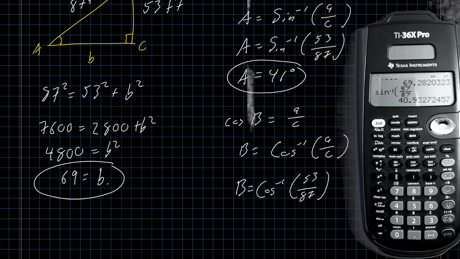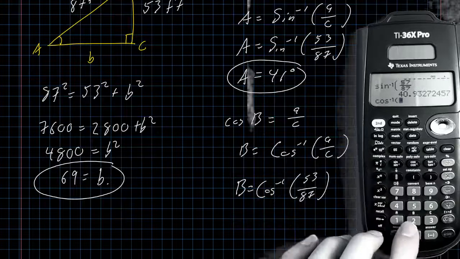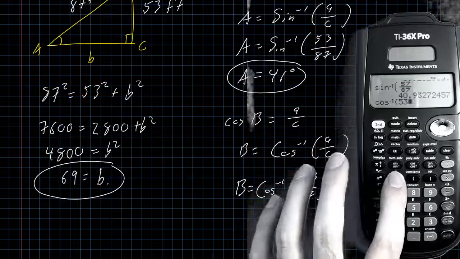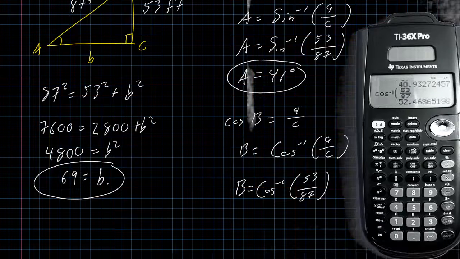Right, the numbers are the same. a is still 53, c is still 87, and I can take the inverse cosine of 53 over 87. My calculator is happy to tell me that that is 52 degrees.